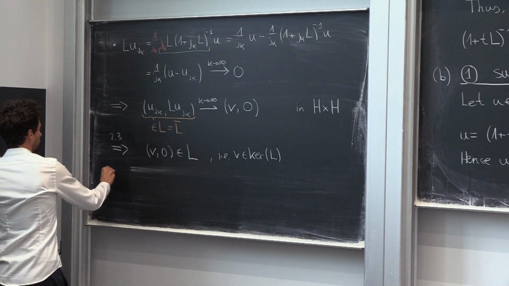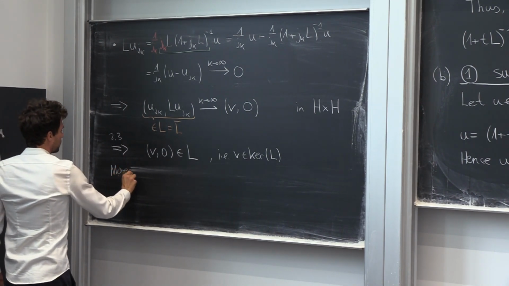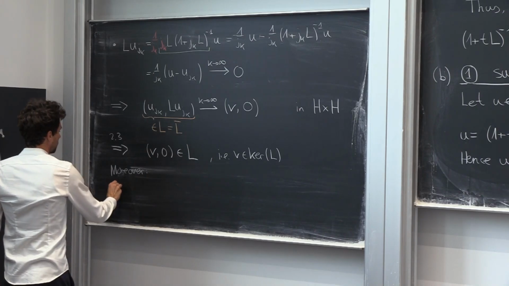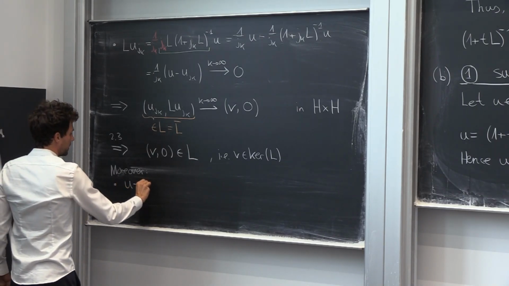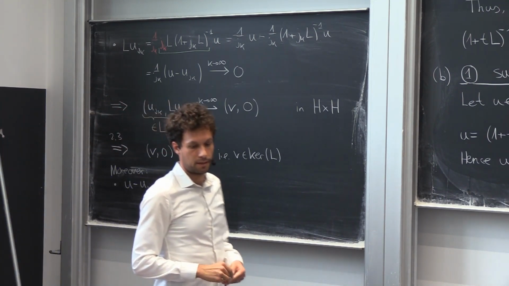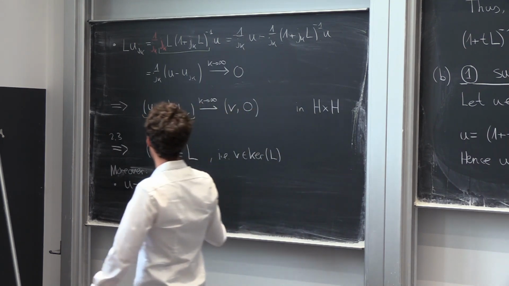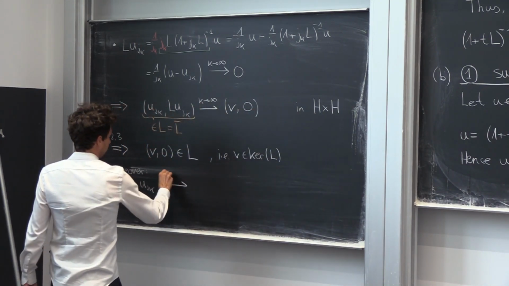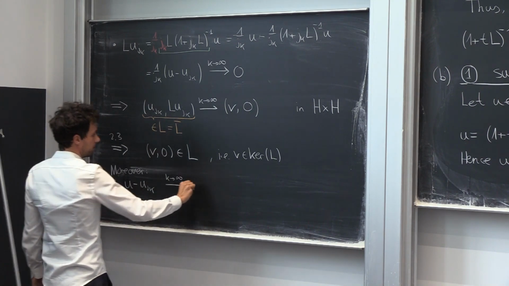Moreover, let me look at u minus u_jk. Now, in the limit, as k goes to infinity, I can say that this goes weakly to u minus v.